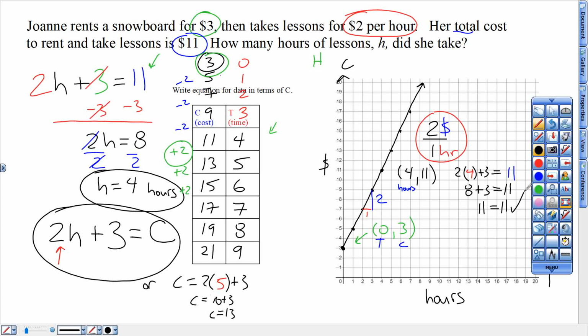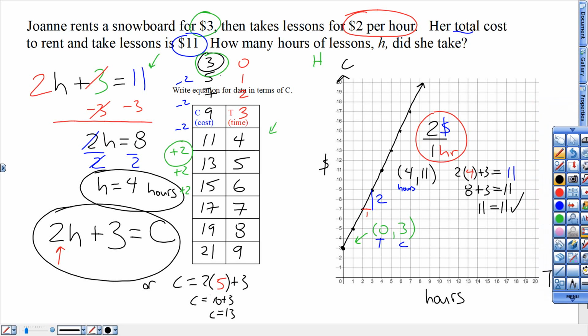And then even more high tech, show me this one with detail. Look at this. $2 for every 1 hour. That's my rate of change. If I times that by 4 hours and add that to that plain old $3, if I get that in blue, that should equal that $11 in blue right there.